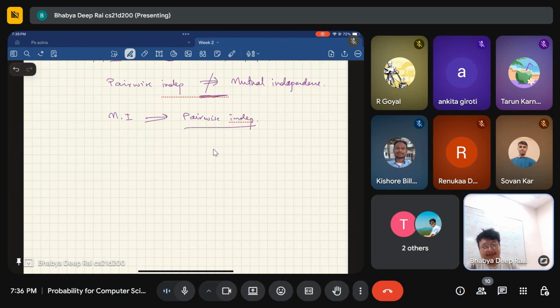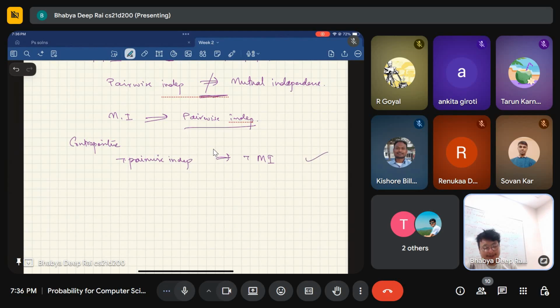Here's how you can think of this. Suppose we look at the contrapositive, which means it is enough to prove that if not pairwise independent, then it is not mutually independent.